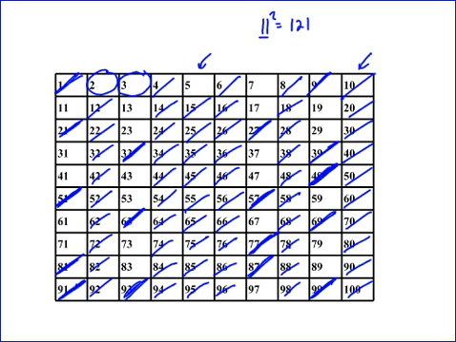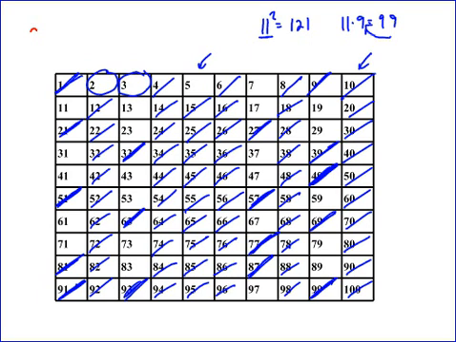And any other multiple of 11, we've done 11 times 9 is 99. So every multiple of 11 between 1 and 100 has to be 11 multiplied by something 9 or less, and I've already canceled out all multiples of things that are 9 and less. So that means I don't even have to worry about 11.